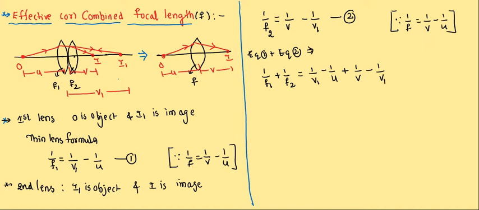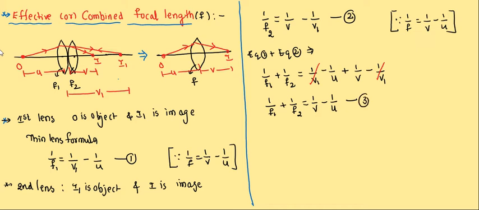Now we can cancel something: 1 by v1 and 1 by v1 will cancel. Then we get 1 by f1 plus 1 by f2 is equal to 1 by v minus 1 by u. We can consider this as equation 3.